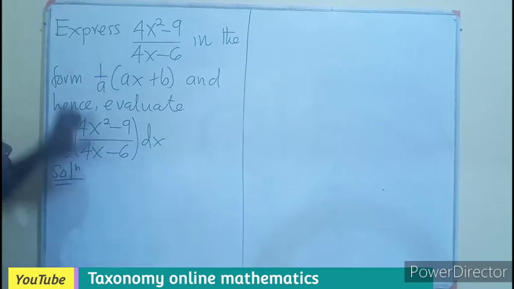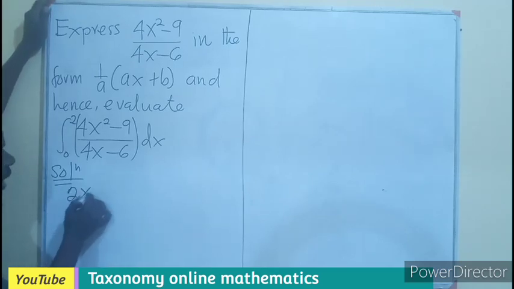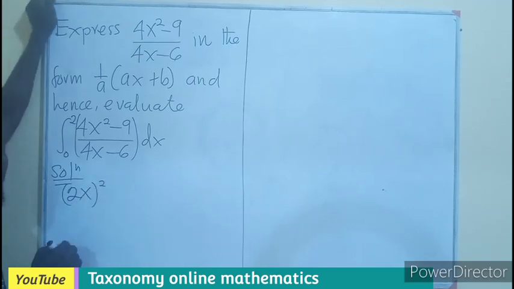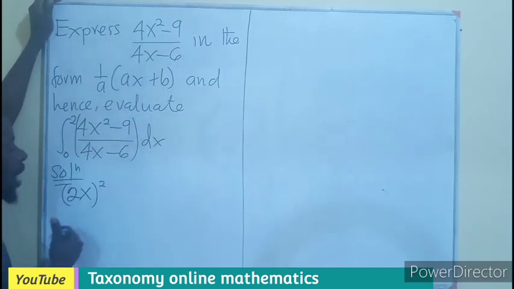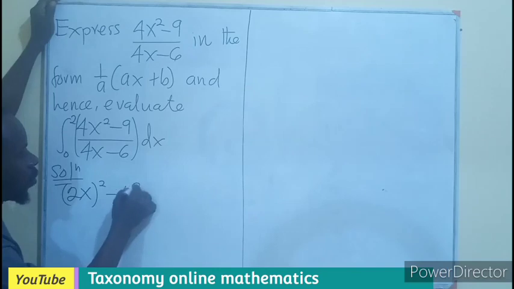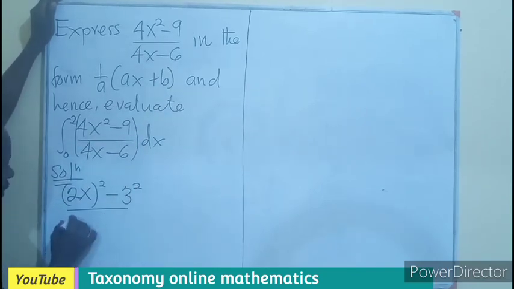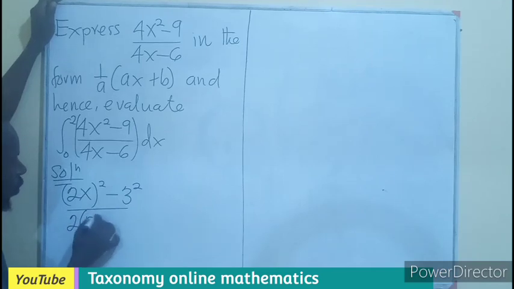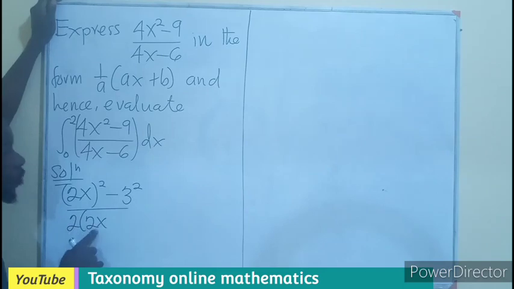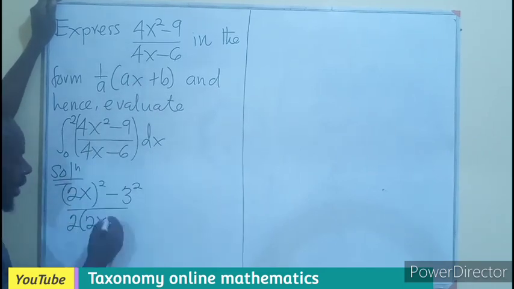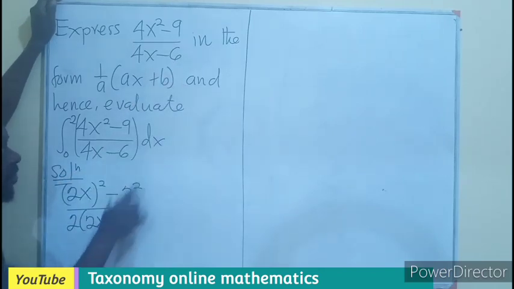This can be written as (2x)² over... 2 squared x squared gives us back our 4x², and 3 squared gives us our 9, divided by 2(2x − 3), as the common factor I mentioned is 2. So 2 times 2x gives us 4x, and 2 times 3 gives us 6.